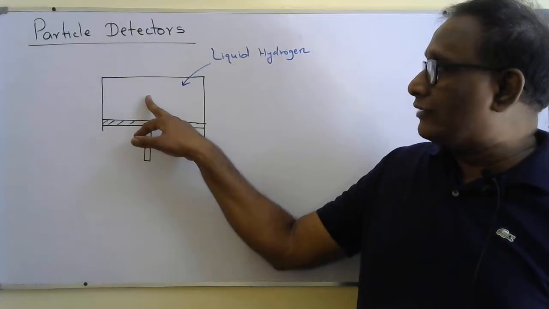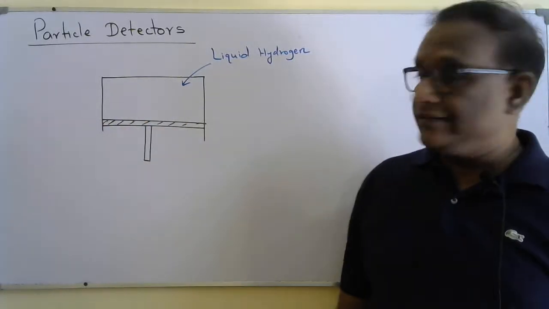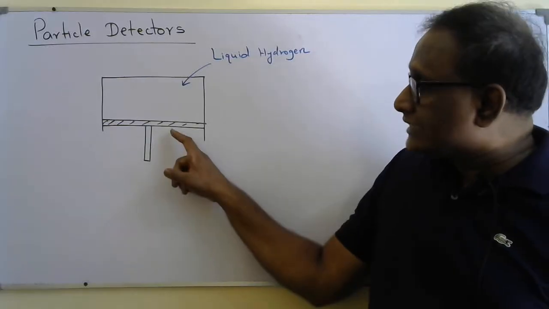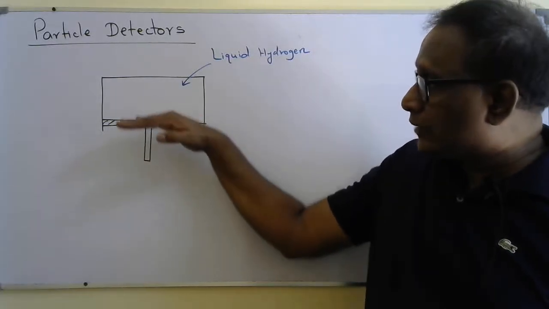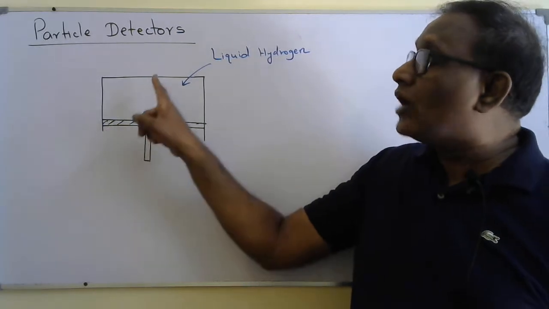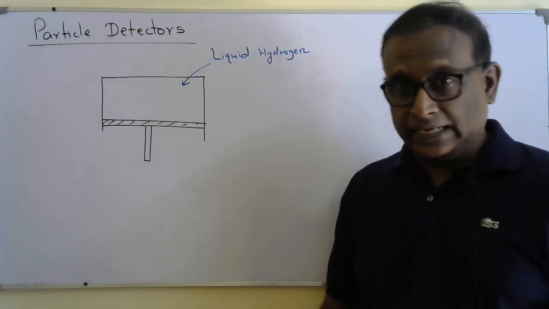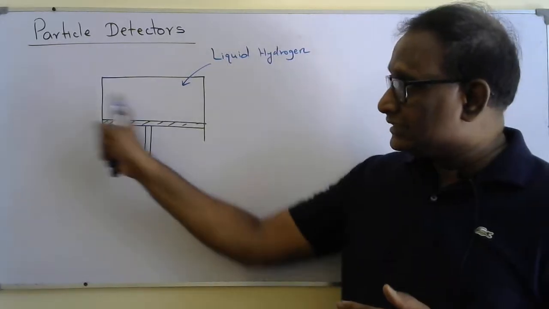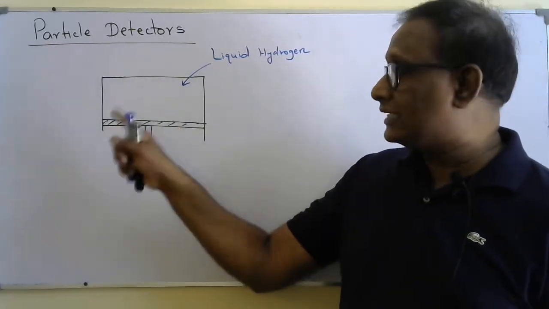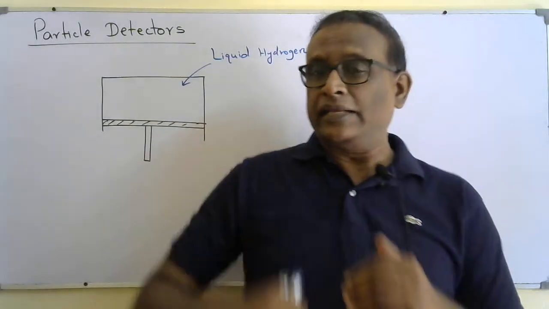When a charged particle enters the liquid hydrogen, the pressure is slightly reduced by pushing the piston down. So the charged particle will be able to ionize the liquid hydrogen and boil it by transferring its energy. It has a very low boiling point.